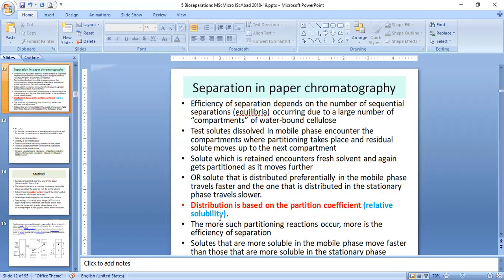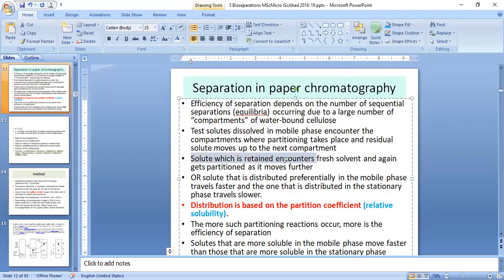Then another thing which I wanted to tell you is, in other words, the solute that is distributed preferentially in the mobile phase, which is more soluble in the mobile phase, will travel faster, and the solute which is not distributed preferentially in the mobile phase, or rather is distributed more in the stationary phase, will move very slowly.